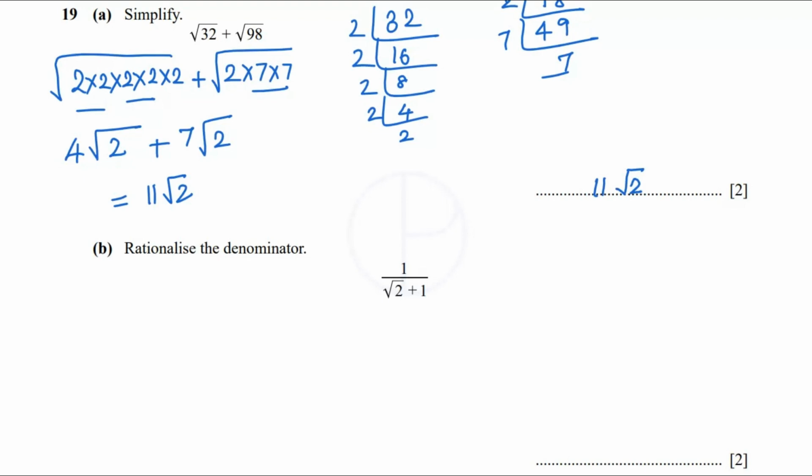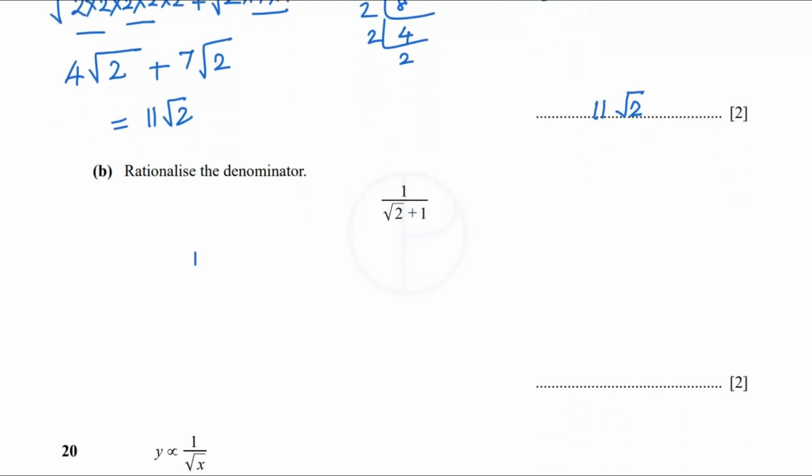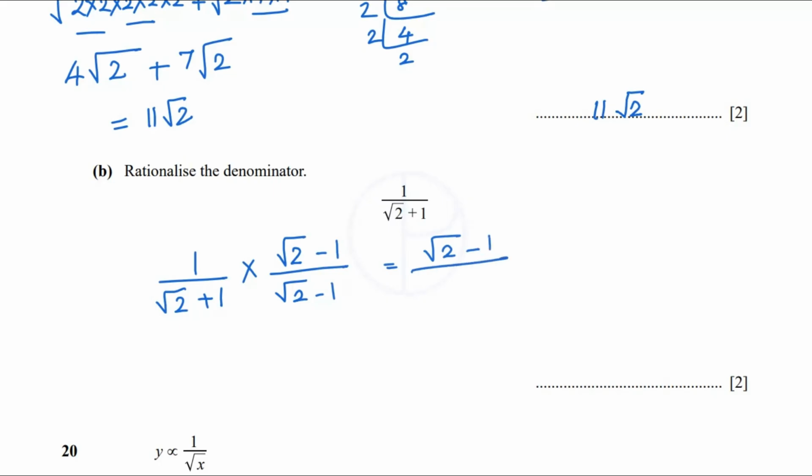Next, rationalize the denominator. Multiply the denominator term and the numerator term by square root of 2, instead of plus, we have to replace this by minus 1. Okay. 1 times square root of 2 minus 1 is square root of 2 minus 1.